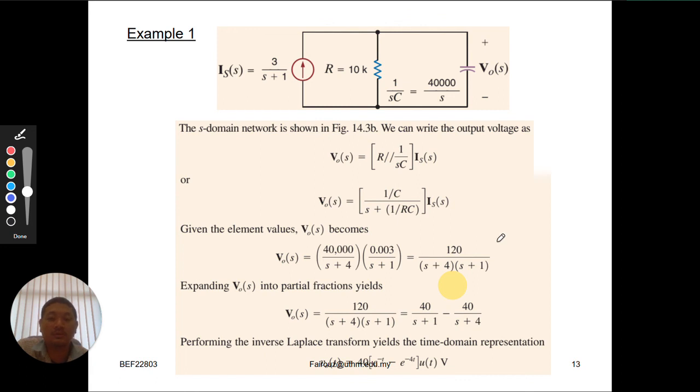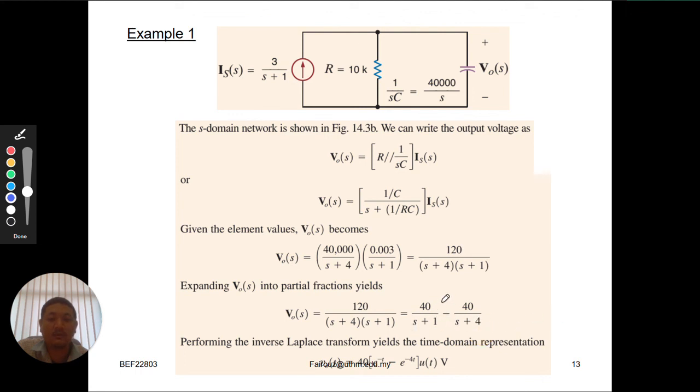In order to do inverse Laplace on this, you have to do partial fraction decomposition, in which you will separate these two, right?